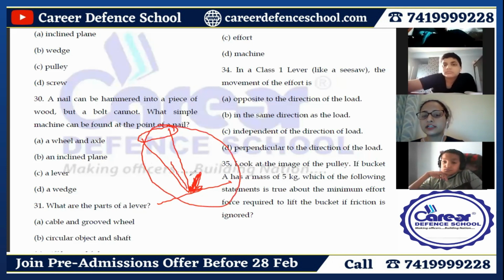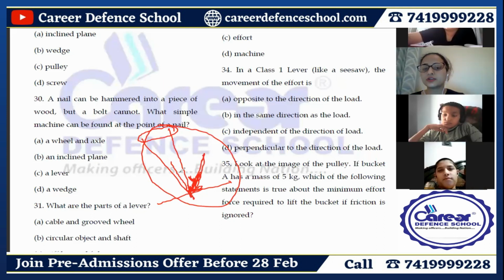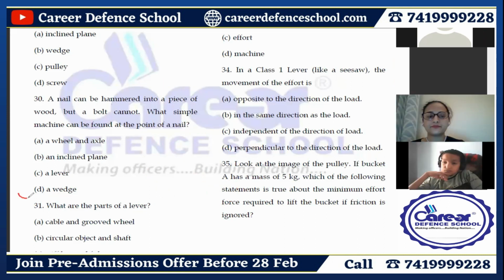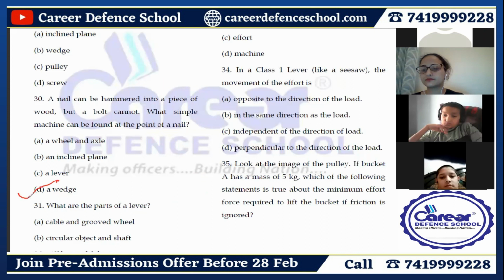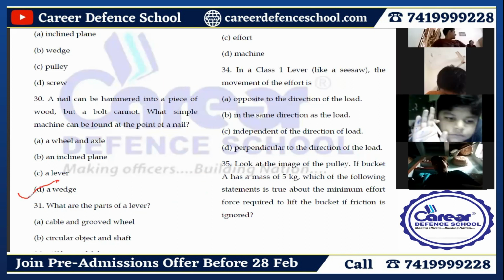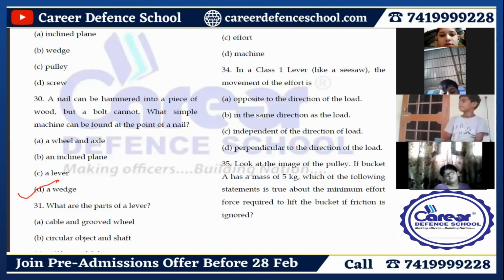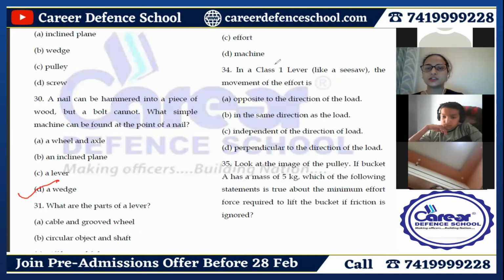But its front end is the example of a wedge because its face shape is made up of the joining of two inclined planes, and it has to cut the wood and then enter into the wood. So its answer is D, a wedge. Understand? Okay, let us see the next question.